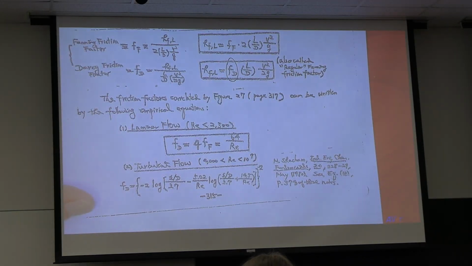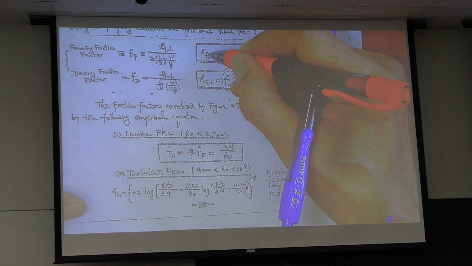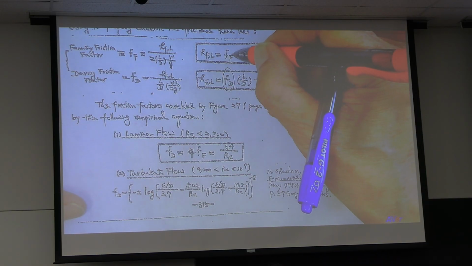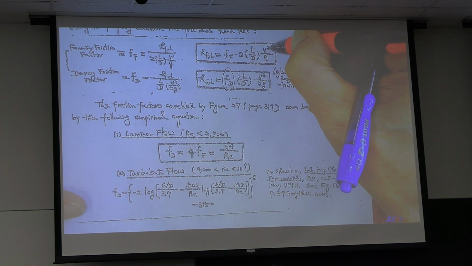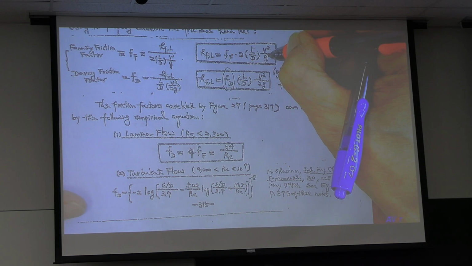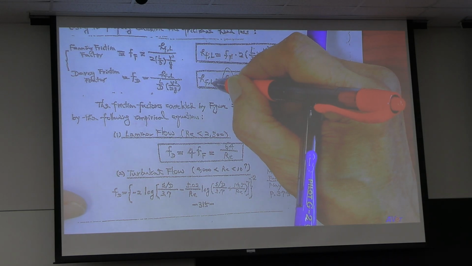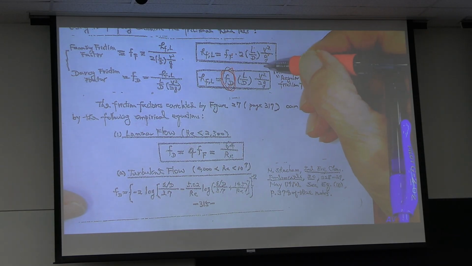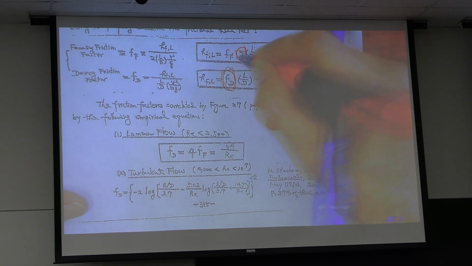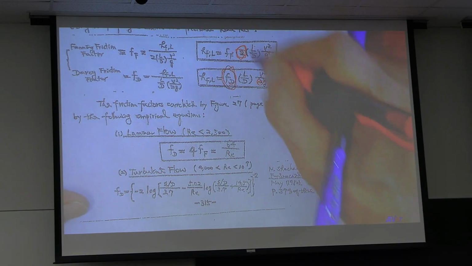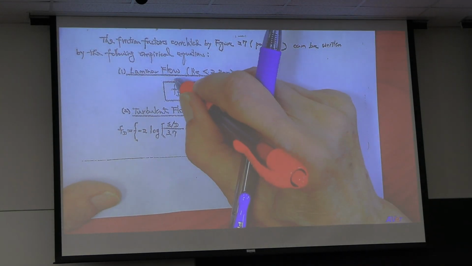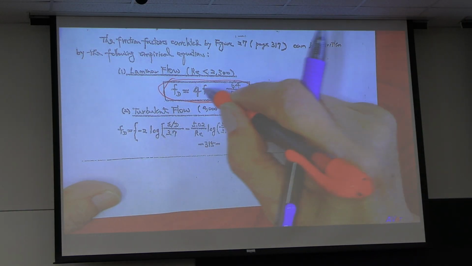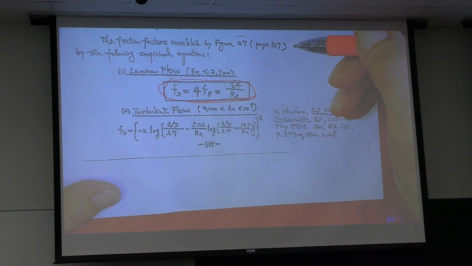To summarize, Fanning has a 2 and Darcy has no 2, so a difference of 4. Laminar flow, Darcy friction factor is 64 divided by Reynolds number.